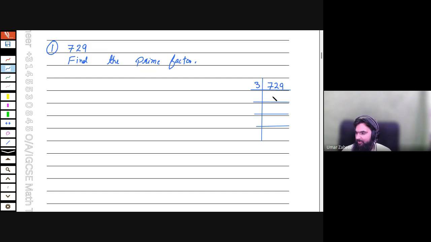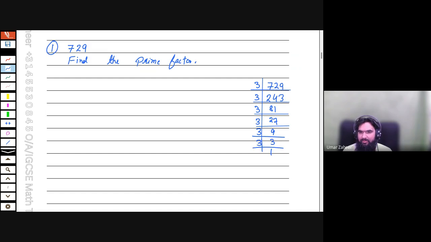We have 3 times 243 is 729. Again it is divisible by 3: 3 times 81 is 243, 3 times 27 is 81, 3 times 9 is 27, 3 times 3 is 9, and 3 times 1 is 3.